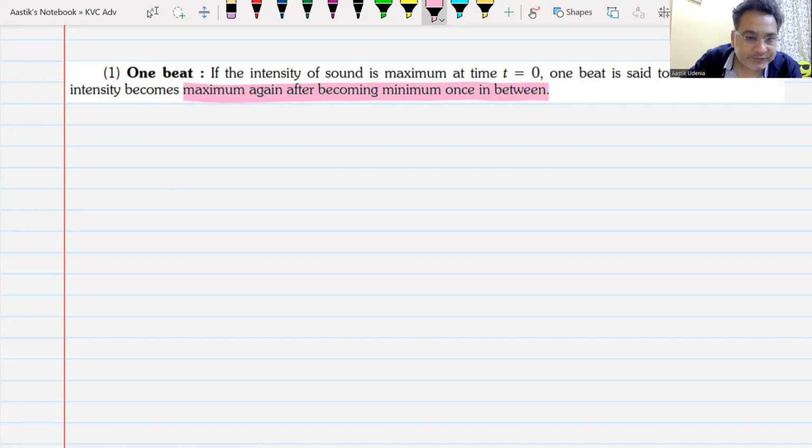One beat is said to be formed when you hear the maxima again, and in between you will get a minima. I hope you understand this. Let me just go through those terms. I can show you this diagram. Remember, you don't have to draw this diagram. This is just for you to understand what a beat is.